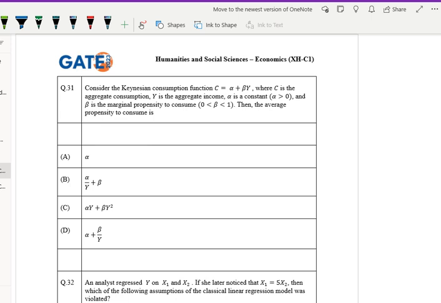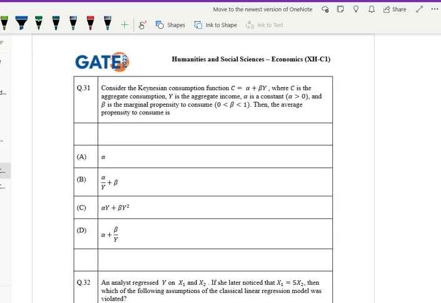The options are: alpha by y plus beta, alpha y plus beta, alpha y plus beta y square, and alpha plus beta y. So what is the answer?